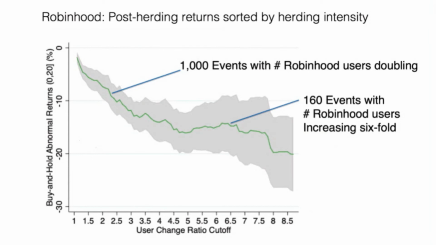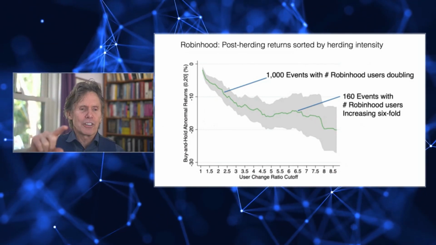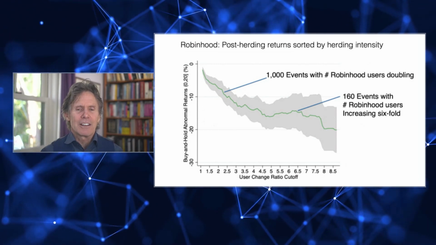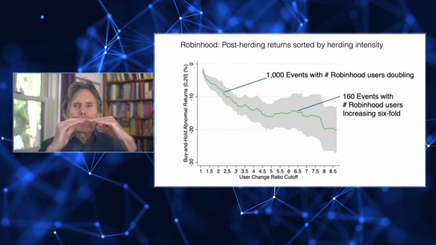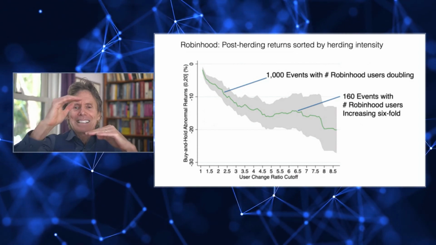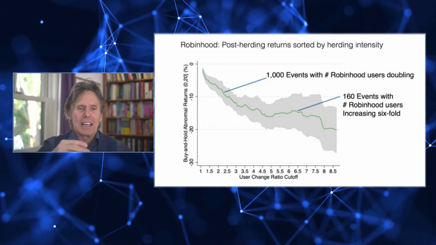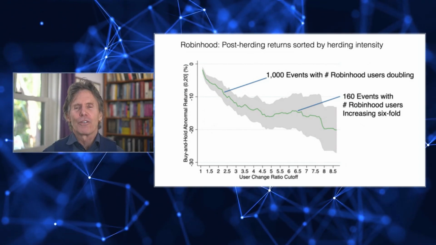For example, there were 1,000 events in which the number of Robinhood users doubled in one day. And on average, post doubling, the stock price fell about 9% over the next couple of weeks. And there were 160 events where the number of Robinhood users went up sixfold, 6 times as many, in one day. And those stocks tended to lose about 15% over the next several days.